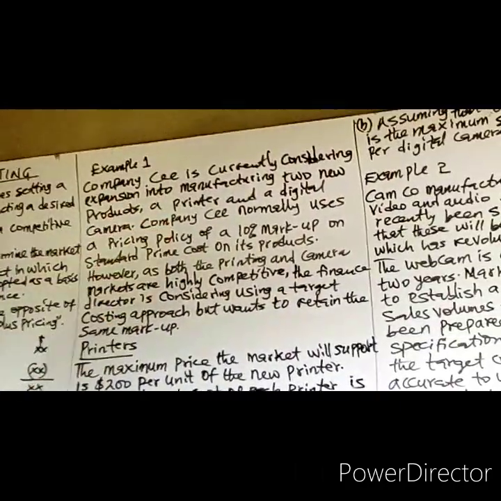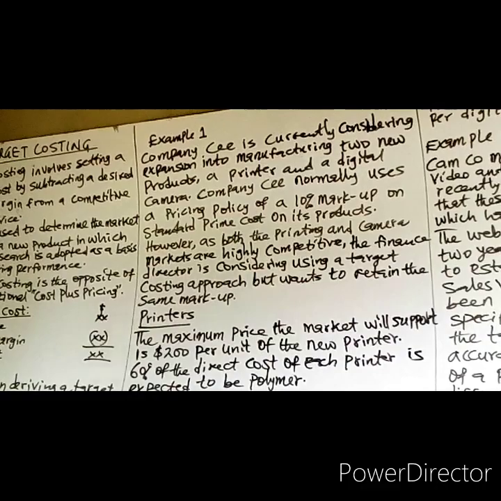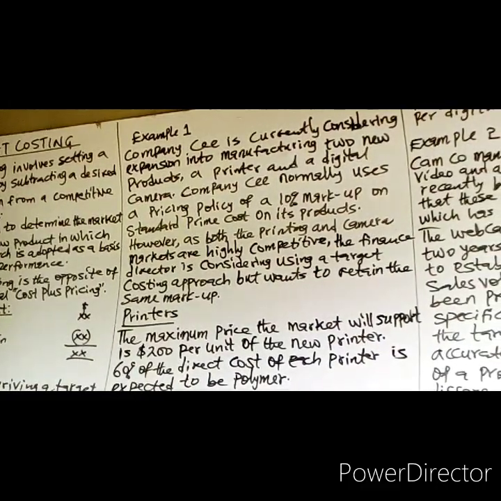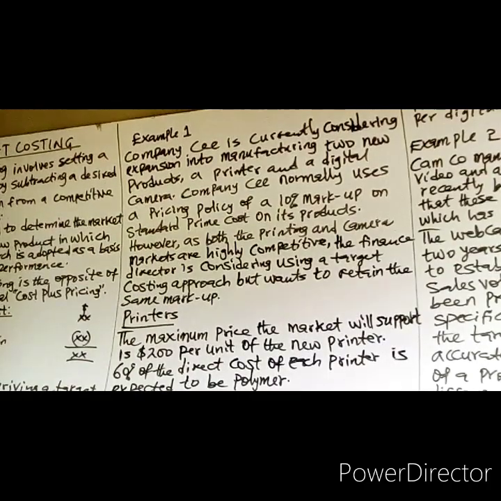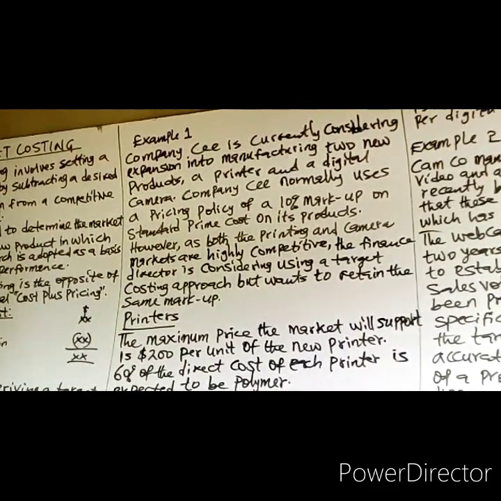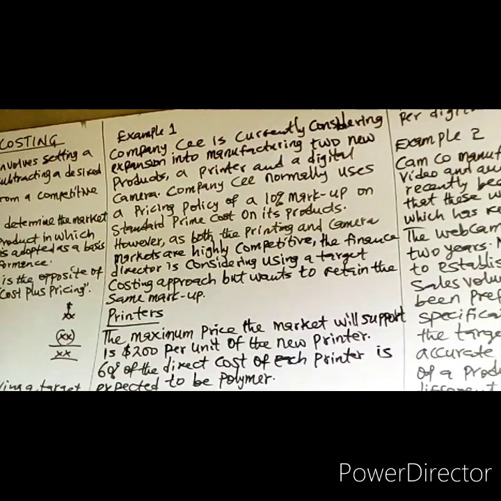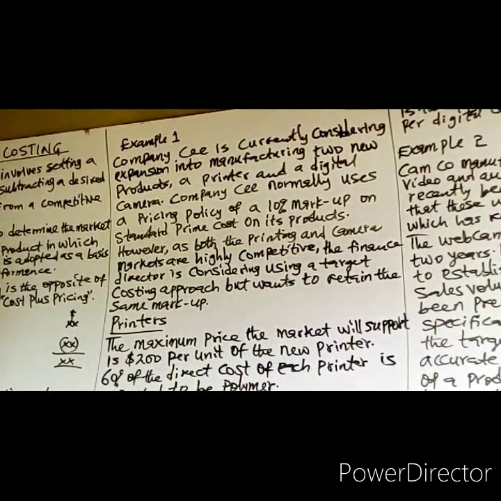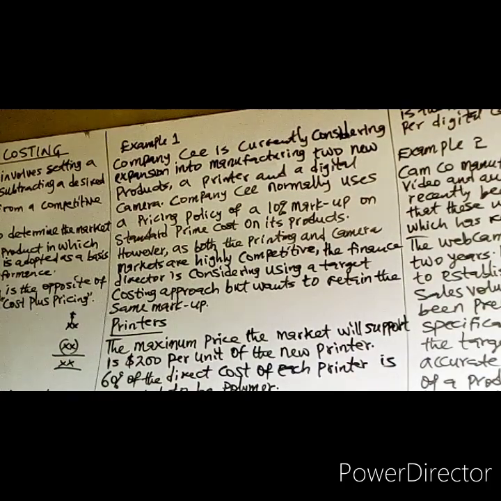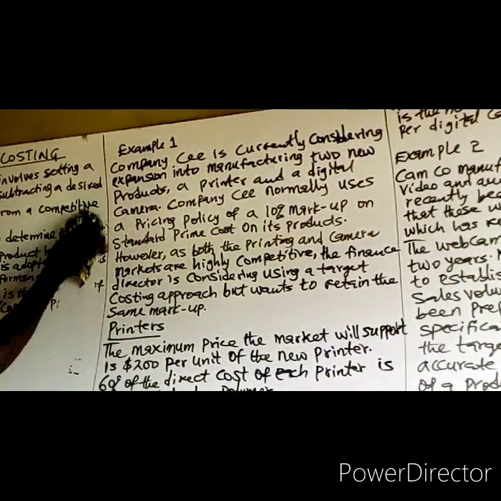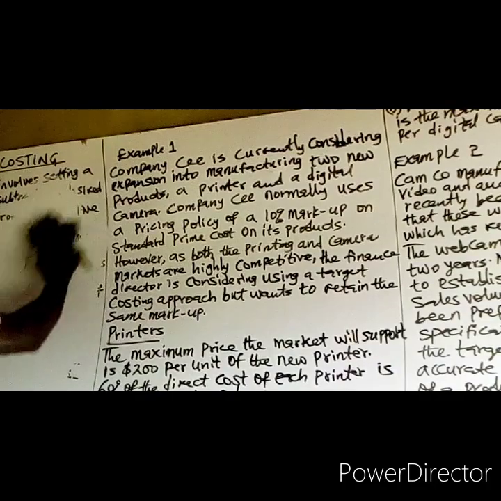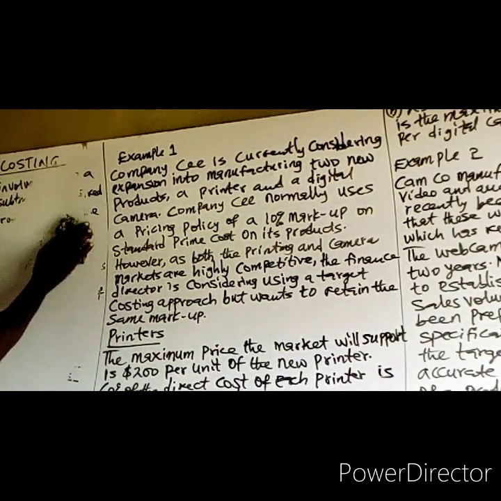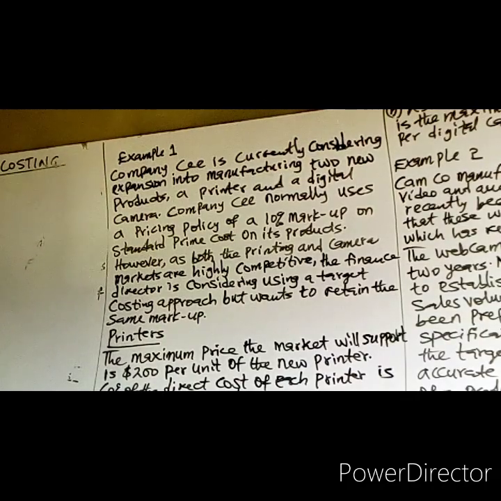Example 1. Company C is currently considering expansion into manufacturing 2 new products, a printer and a digital camera. Company C normally uses a pricing policy of a 10% markup on the standard prime cost.